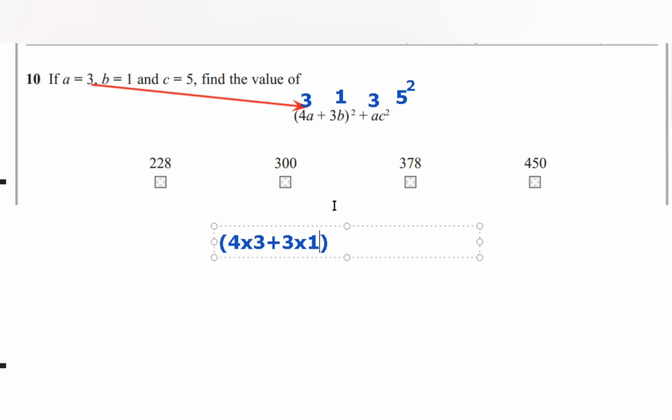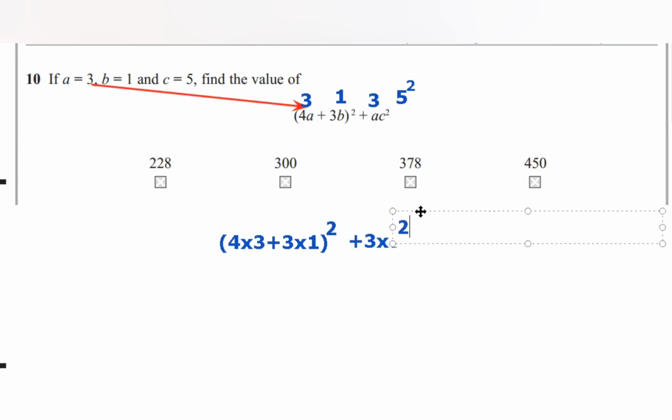And then we have power of 2 here. Power of 2. And then plus, don't forget any part of the expression. A is 3, so 3. And then multiplied by, C is 5, as we said. And then squared, 5 squared, yes.